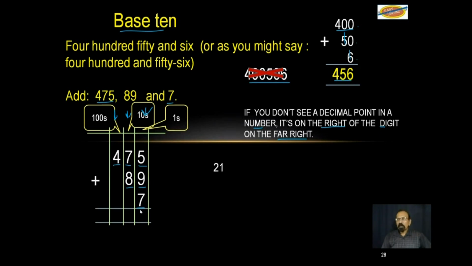Now, when you add the ones column, you get 21. Normally, you are told to cross out that 1 and put it here under that 7. And to take the 2 and carry it above there over this 7. But do you know why you do that? Now, remember we said this is base 10, so we're working in groups of 10.